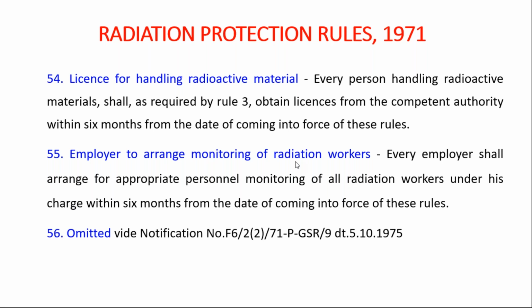So all this monitoring should be done within 6 months from the date of coming into force of these rules. Right? Then rule number 56 is omitted with these notifications which are referred to in 1975.